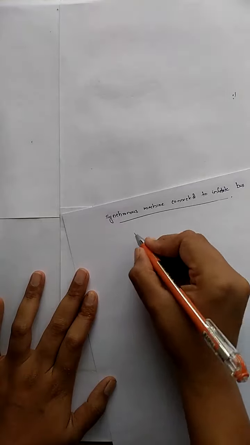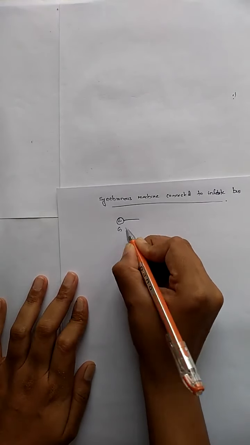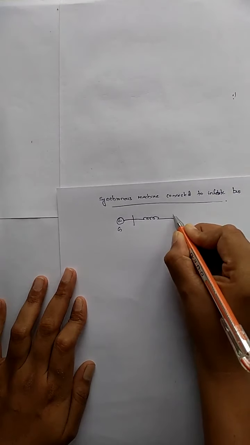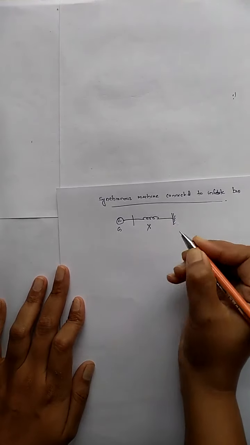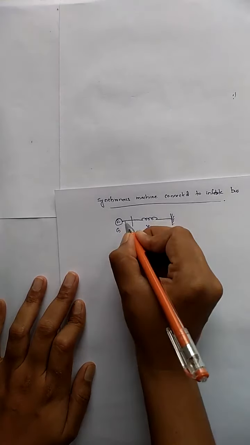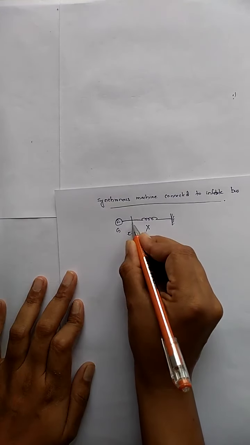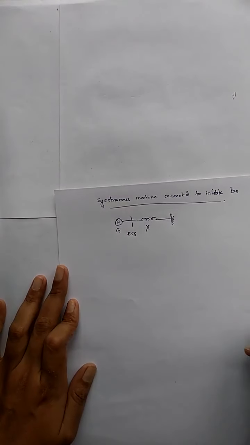I am considering a system with my generator G. It is connected through a transmission line. The transmission line equivalent parameter we are representing using reactance X. The generator voltage is E angle delta.